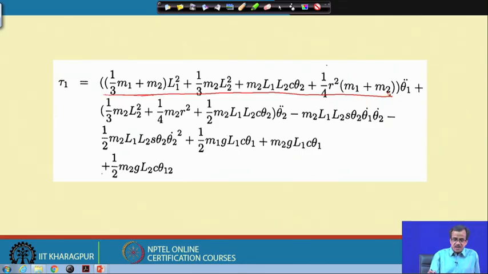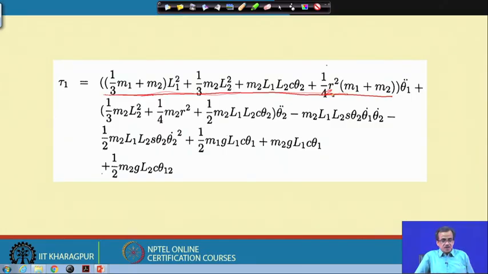You can see that all such terms are related to the mass and length of the link, and there could be some radius term here also. So, these are all actually related to the geometry.